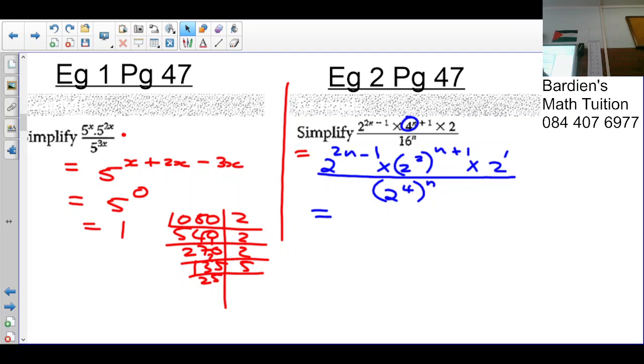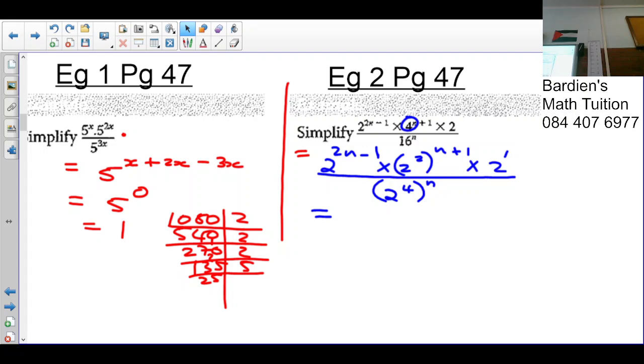So it's 1080 divided by 2 gives you 540, which is right, divided by 2. 270, which is right, divided by 2. 135 divided by 5. 27.